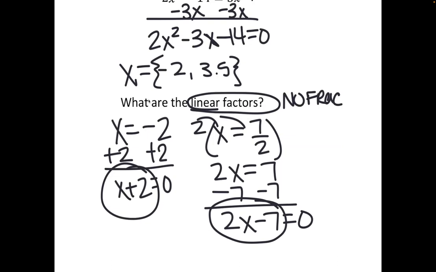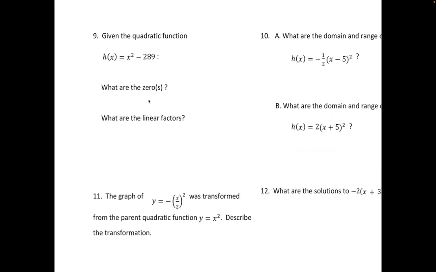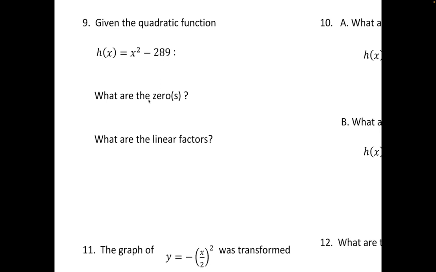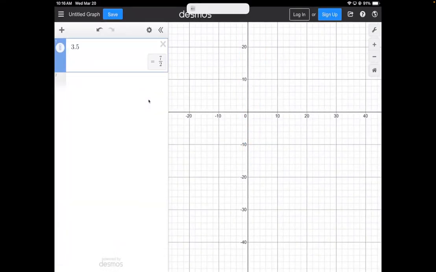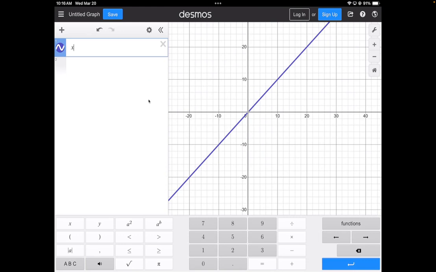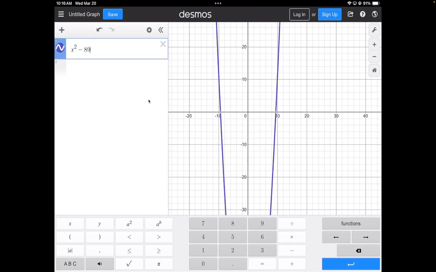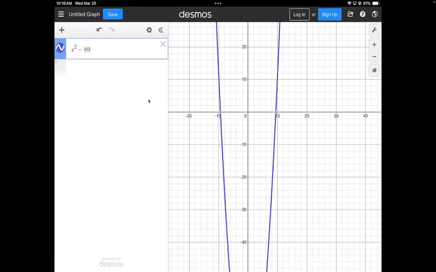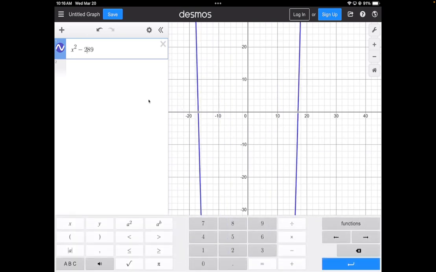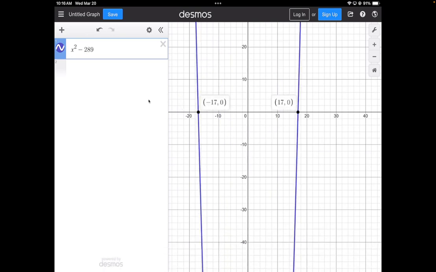If I look at number 9, more of the same. What are the zeros? Again, we're putting those in the graph. x squared minus 289. Oh, I'm sorry, 289. Make sure we type it correctly. That's the first step in getting it right.